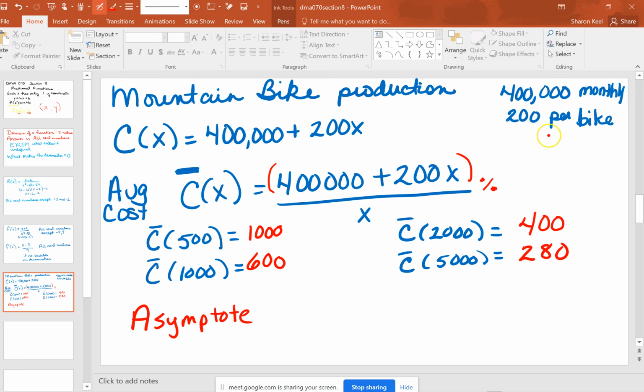But you'll see the price is going to decrease and decrease and get closer and closer to 200. But it's never actually going to reach the 200. So in this case, my asymptote is going to end up being a y equals equation, and it's going to be the value of the number for the parts for the bike.